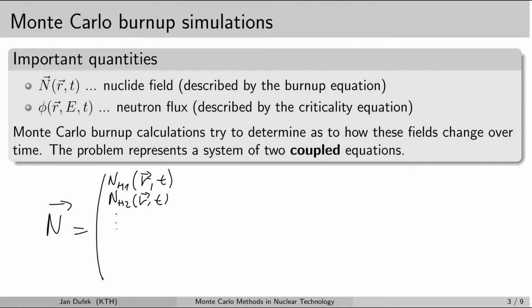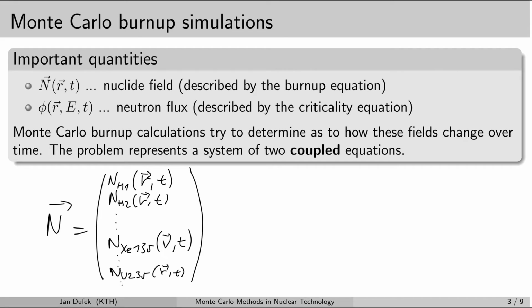And then we can have the atomic concentration of xenon-135, and one of the elements will represent the atomic concentration of uranium-235. And then the higher actinides can follow.